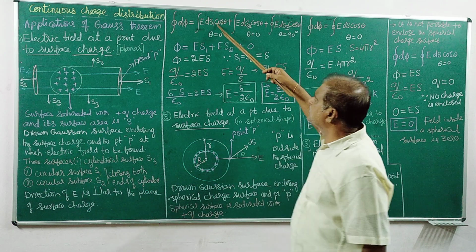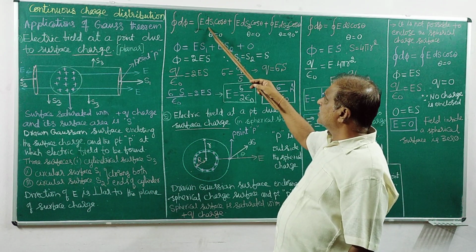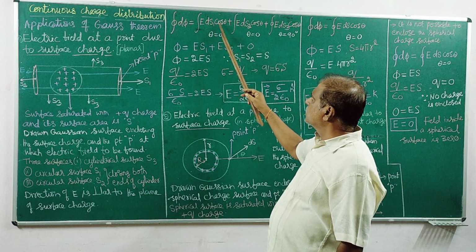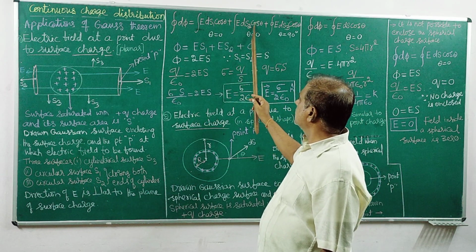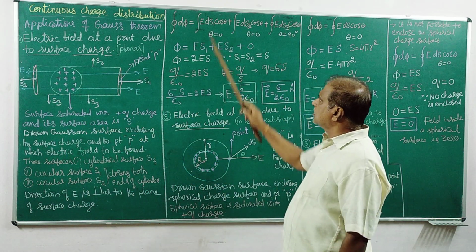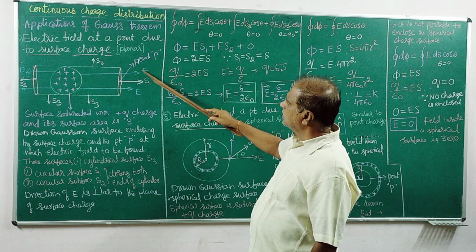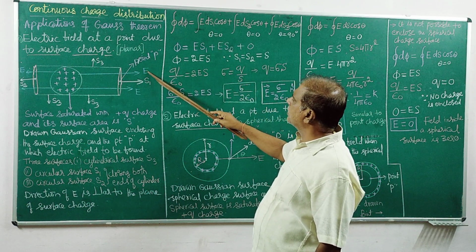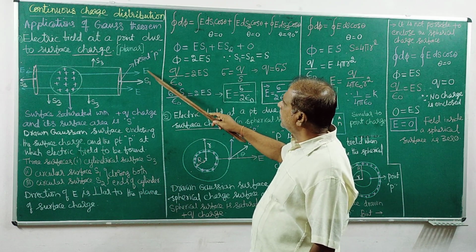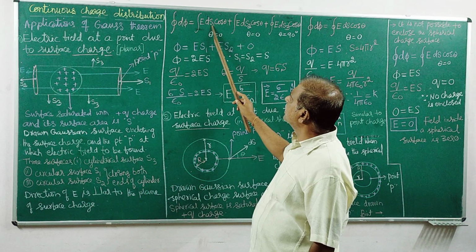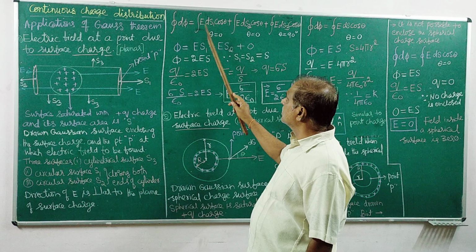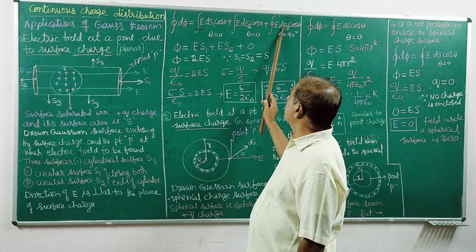Therefore, we have three different equations. This is the equation for the flux on the surface, is it right? So this is the equation for this surface, this is the equation for this surface, this is the equation for this surface. It is the integral of the electric field vector and the area vector in differential form, because I have taken differential form only for the area vector, not for the electric field, times cos theta.